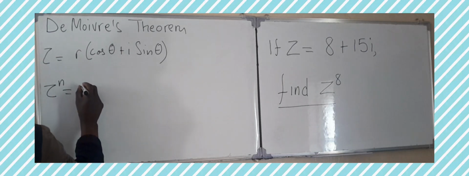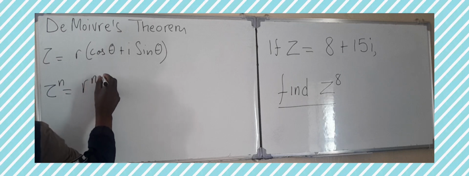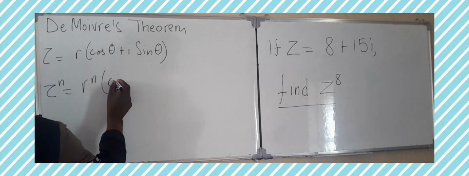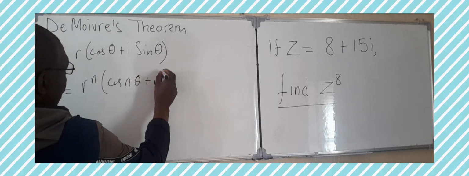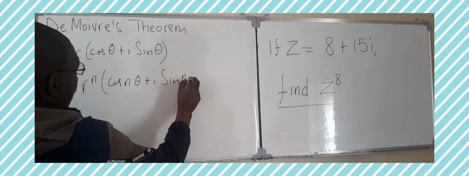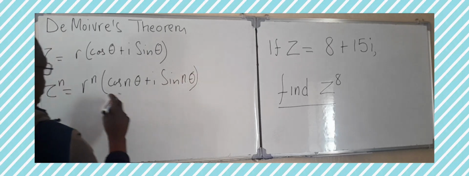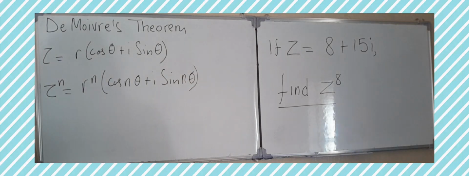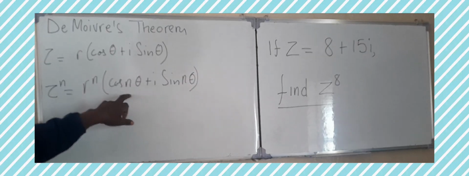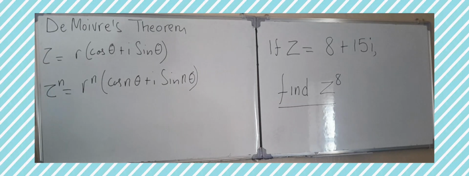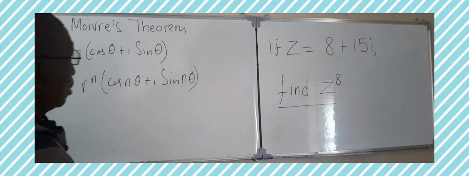It says this is equal to R raised to the power n, brackets, cosine of n theta plus I sine of n theta. That is the Moivre's theorem. In other words, when you raise Z to the power n, you raise R, of course, the modulus of Z, to the power n, and the argument theta is multiplied by n. Okay, so that is the Moivre's theorem.